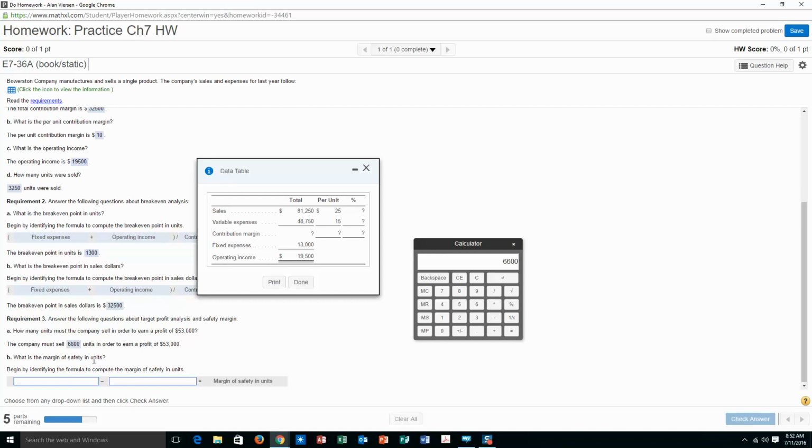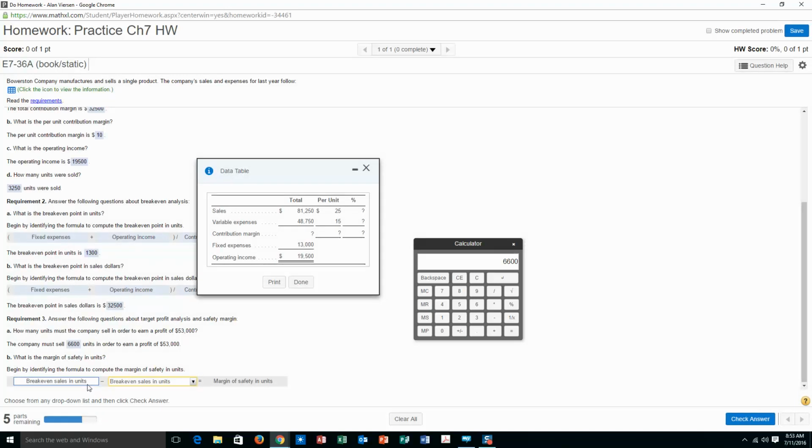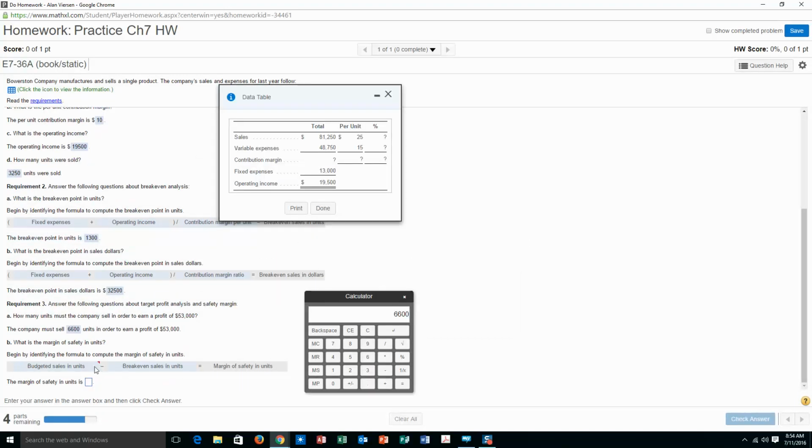Margin of safety is very easy. The formula is the budgeted sales units minus the break-even sales units, and that will give me my margin of safety. Oops, something's not right. There's a little glitch in that particular problem, so be careful with that.